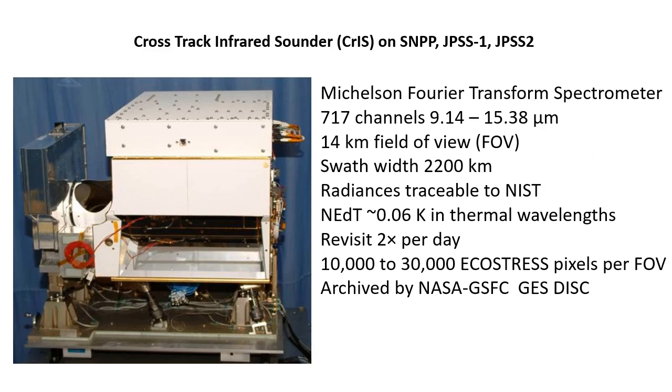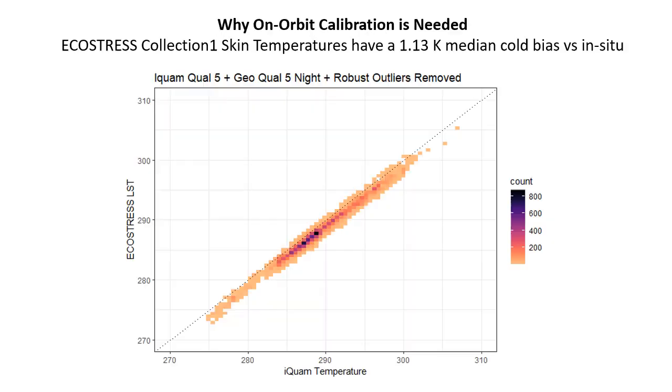The swath width is 2,200 kilometers, and radiances are traceable to the National Institute of Standards and Technology. It has a revisit interval of 2 times per day because it's on polar satellites, and it's archived by NASA Goddard Space Flight Center.